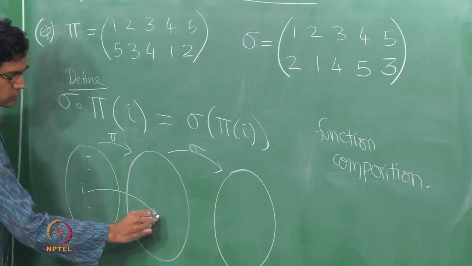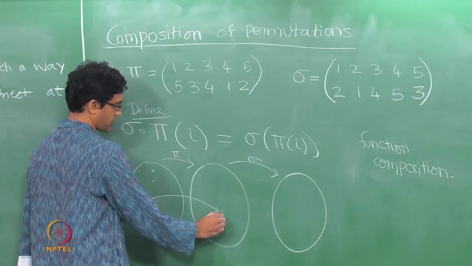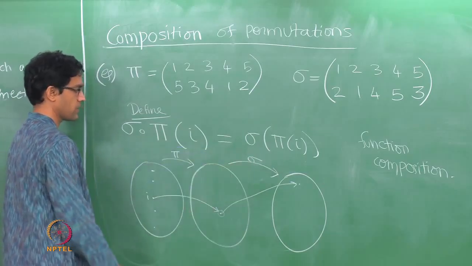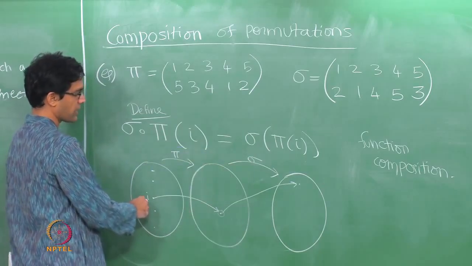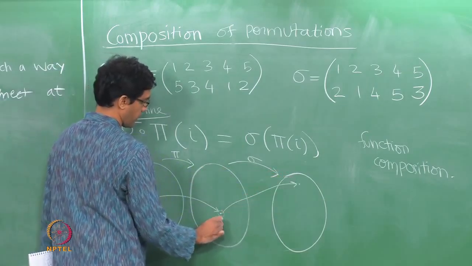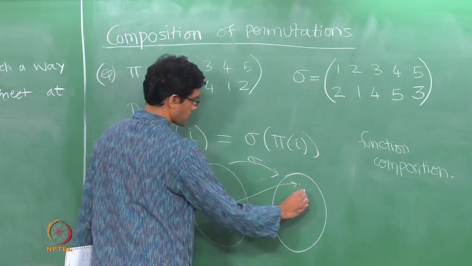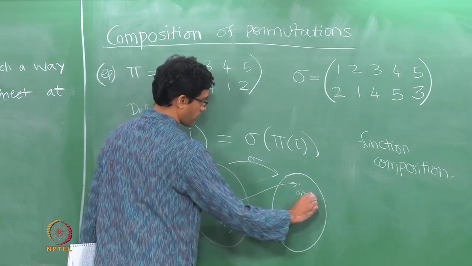It maps it to some other number, and then whatever that number is, I see what sigma does to it. So maybe sigma maps it to this number. These two steps, one after the other, tell me what i finally maps to. It goes to sigma evaluated on pi of i. So this is the number pi of i, and this final answer is just sigma evaluated on pi of i.